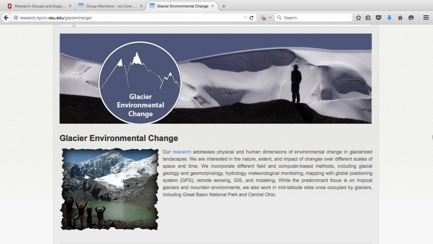On a somewhat finer spatiotemporal scale, we have a group like the Glacier Environmental Change Group headed by Dr. Brian Mark. They look at coupled human physical systems in glacial regions. An example of this would be in the Andes, where human societies rely in large part on runoff from melting glaciers, seasonal runoff from melting glaciers, for their water supply.